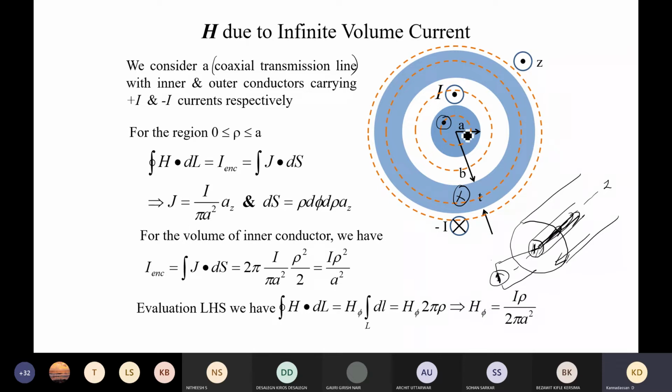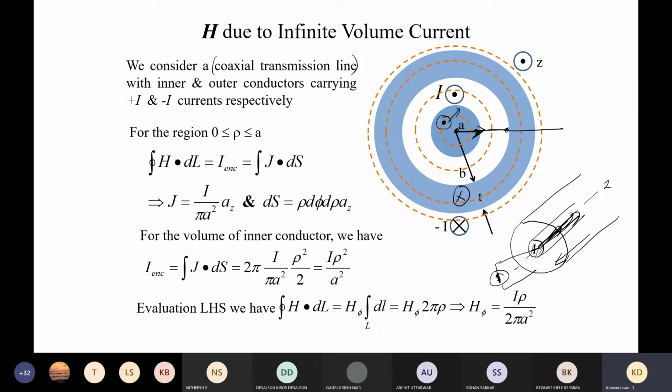Whenever you calculate the magnetic field from the center, as you go outward up to this particular point, you get this inward direction. Then up to here also it is inward direction. Then after this, outward direction. So this is the very interesting part.